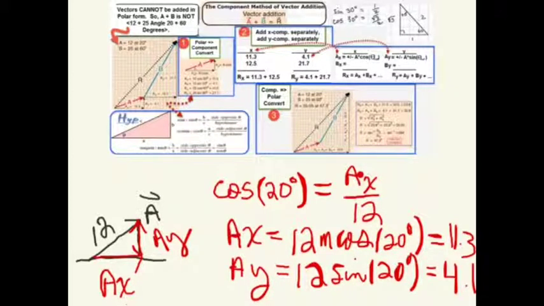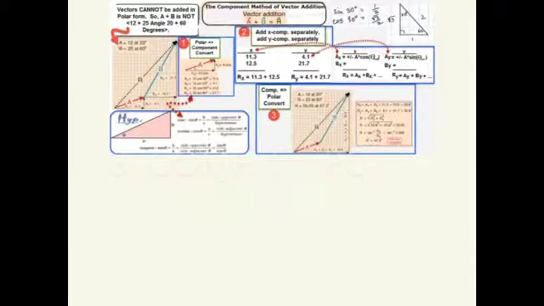The same process is used to decompose vector B into its x and y components, and those are recorded here.